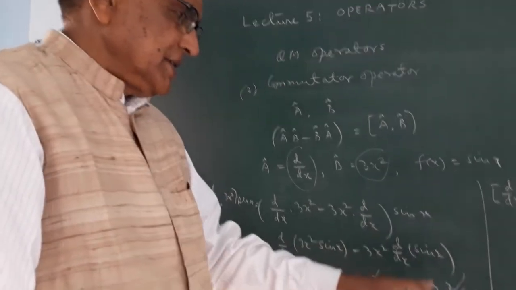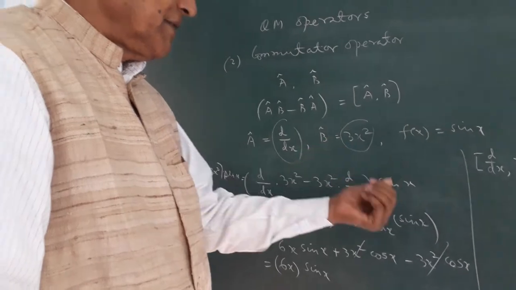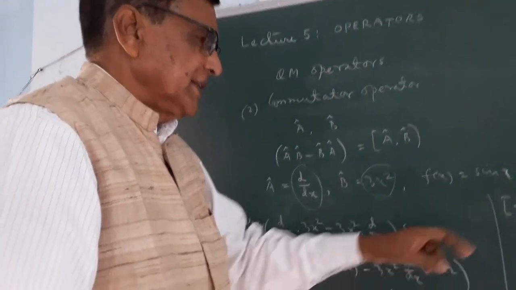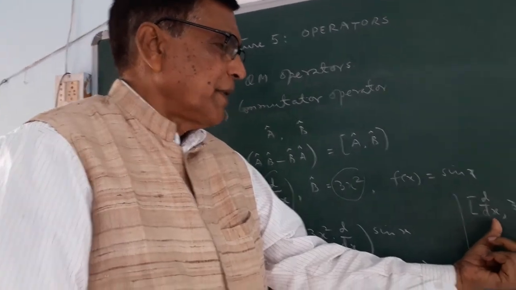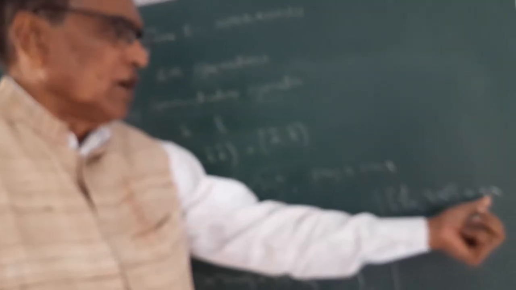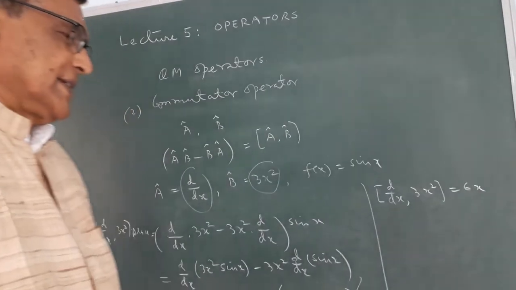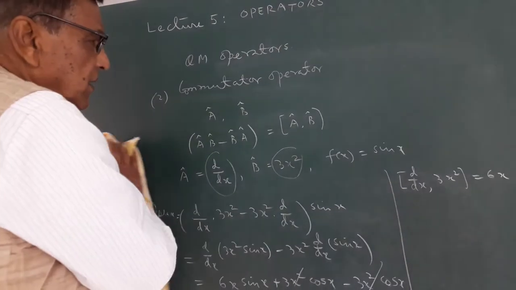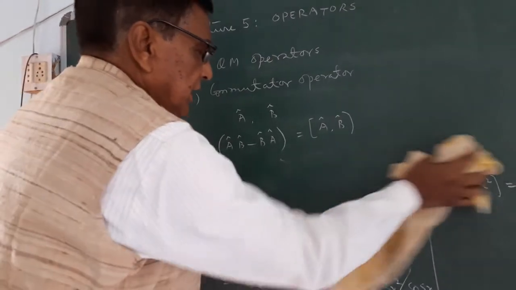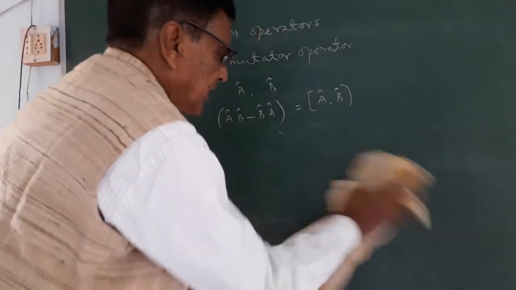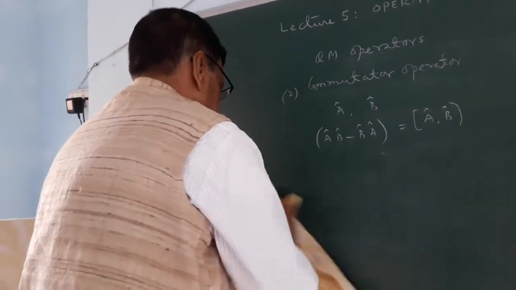If we change the function, if we take any other function, the commutator of these two will still always remain 6x. The commutator operator has some relevancy in quantum mechanics.